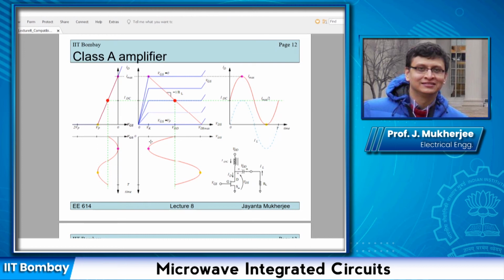So this way, the transistor is on for the entire range of the input signal. The VGS is above VP for all phases, and correspondingly the transistor lies in the saturation region for the entire input signal, and so VDS simply follows the input signal like this.